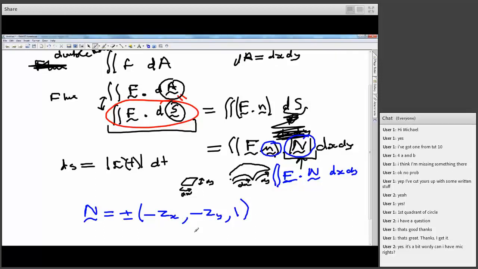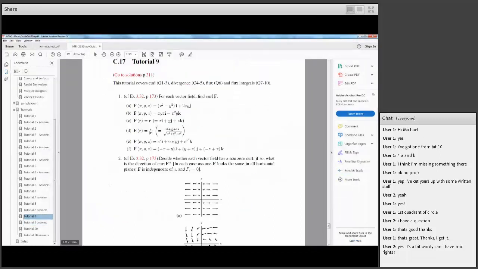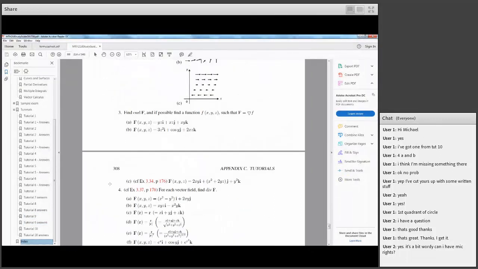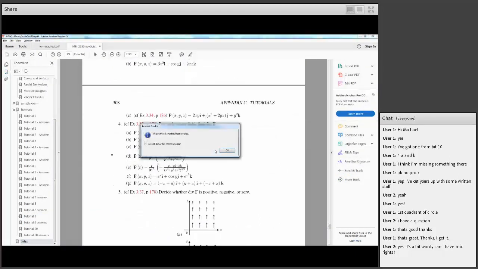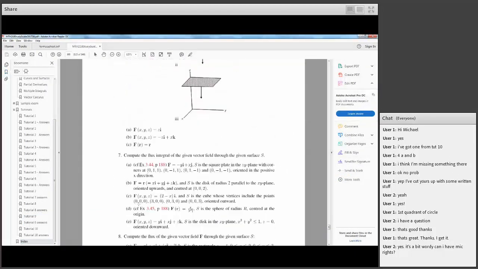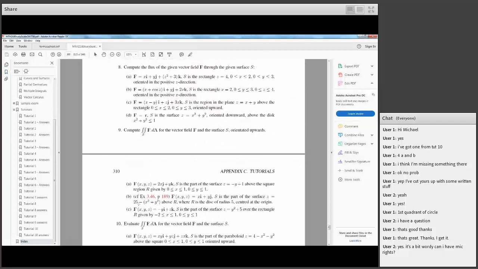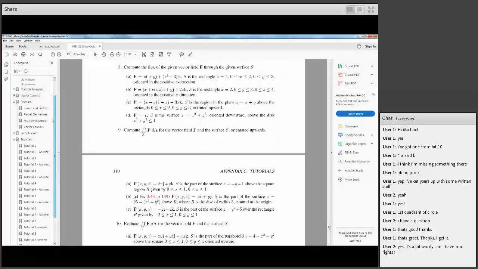So that's why we have to use this capital N rather than little n: because it's a curved surface. If you go back to sheet 9, question 9, capital N was just a regular normal vector, and the smaller n was a unit normal vector. Capital N is not just any old one; it's a particular formula.